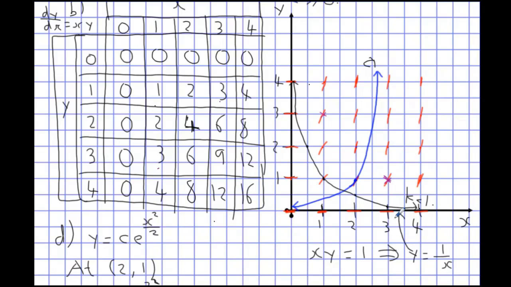So if we think about the isocline for 3, it's going to be xy equals 3, so y equals 3 over x. If you compare that to y equals 1 over x, that's just going to be a vertical stretch, scale factor 3. So all of these distances are going to be stretched up by 3. So this would be stretched up by 3 and so on.